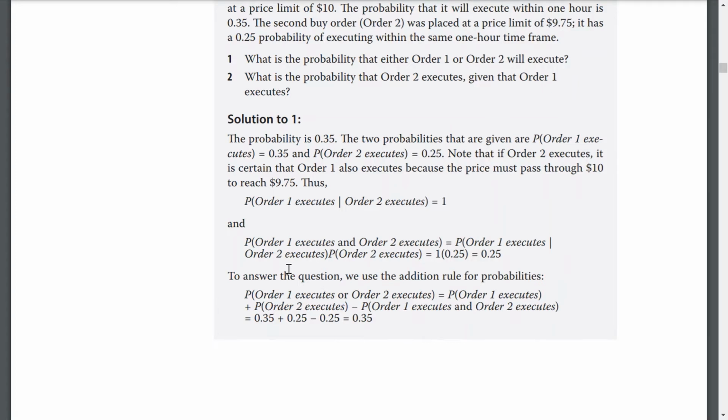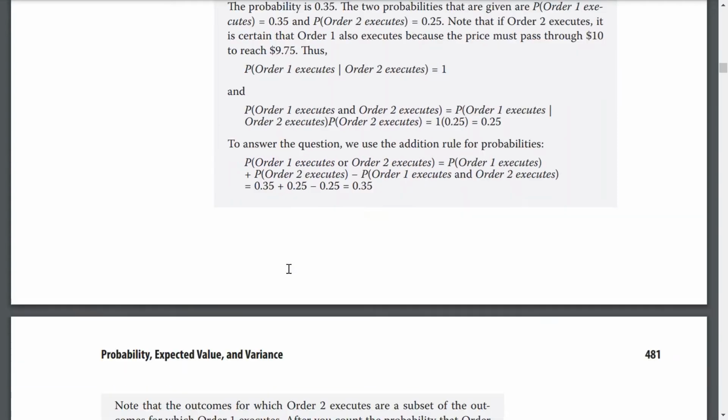To answer the question, we use the addition rule for probabilities, where the probability of order 1 executes or order 2 executes equals the probability of order 1 executes plus the probability of order 2 executes minus the overlap, order 1 and order 2 both occurring.